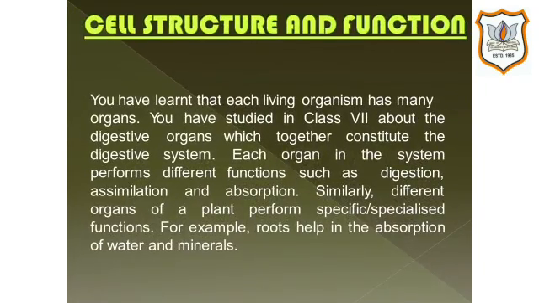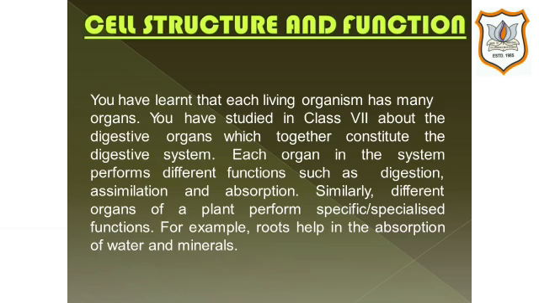So students, now we will learn cell structure and function. An organism is an animal or a plant which can exist on its own. An organism is made up of many different organ systems which work together to perform all the functions necessary for maintaining life.